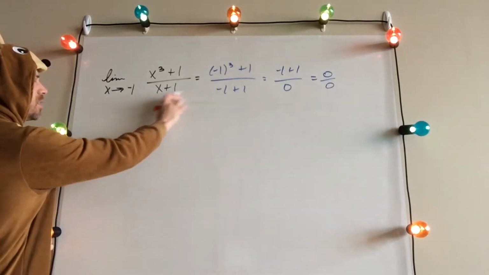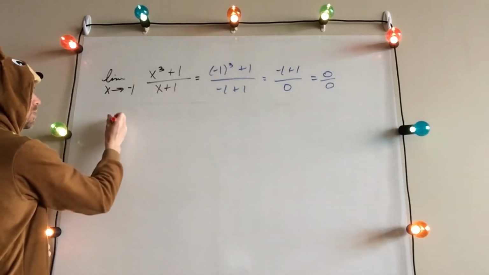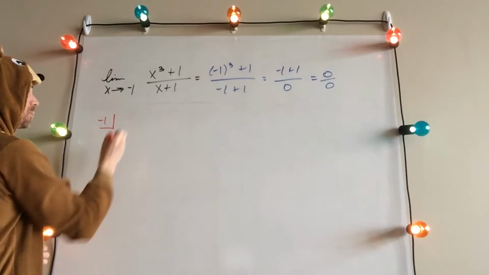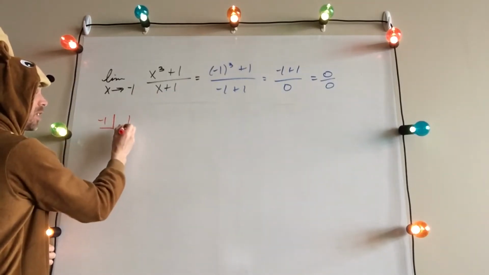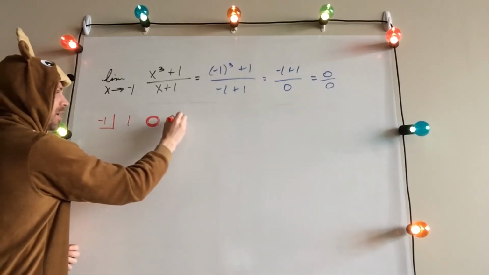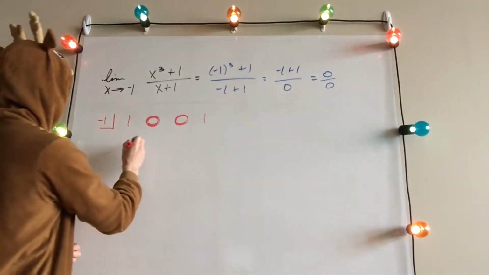We would take the 0 of this divisor and put it into our little box. The 0 of this is negative 1. Then we need to make sure that we have every place represented. Here's 1x cubed, 0 x squared, 0 x, and then plus 1.